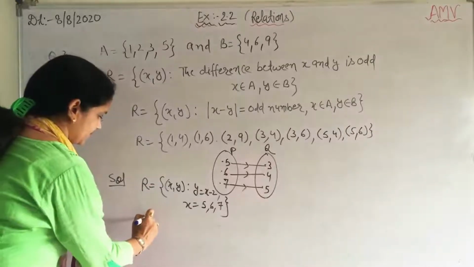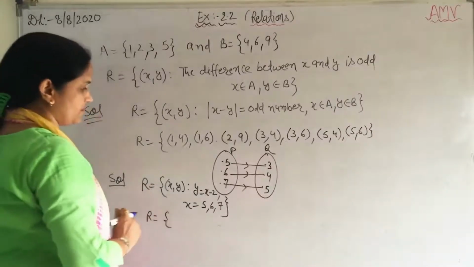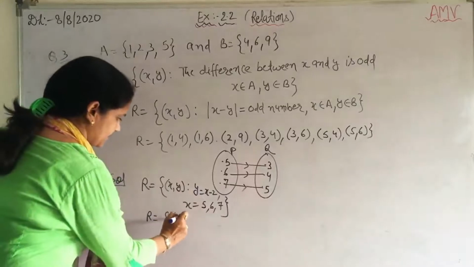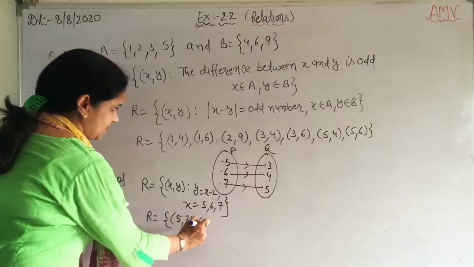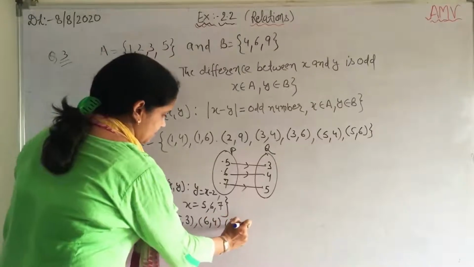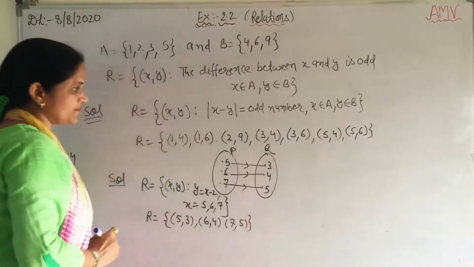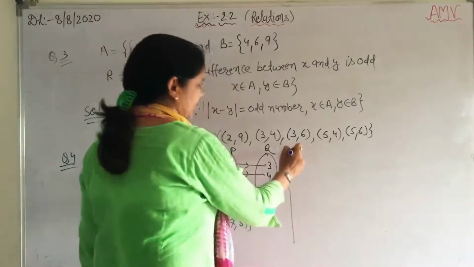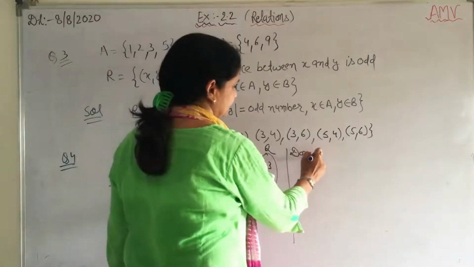And now the roster form is simple: 5 relates to 3, 6 relates to 4, 7 relates to 5. And now we have to write the domain.